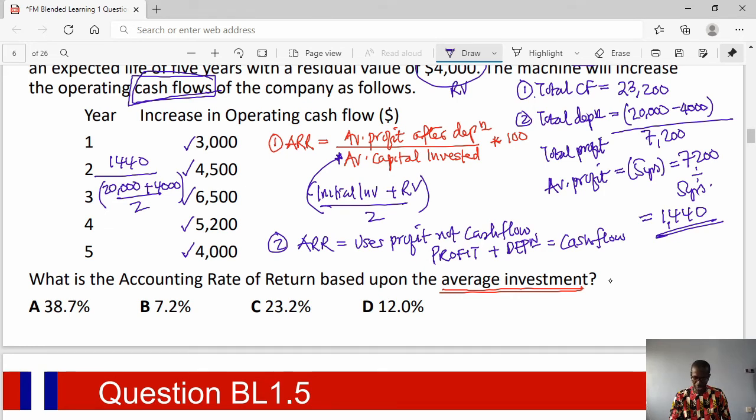But the average capital invested is initial plus residual divided by 2. So 1,440 divided by, in brackets, 20,000 plus 4,000 divided by 2. When you have done this with your calculator, you get 12%. And 12% gives you the answer to be D.